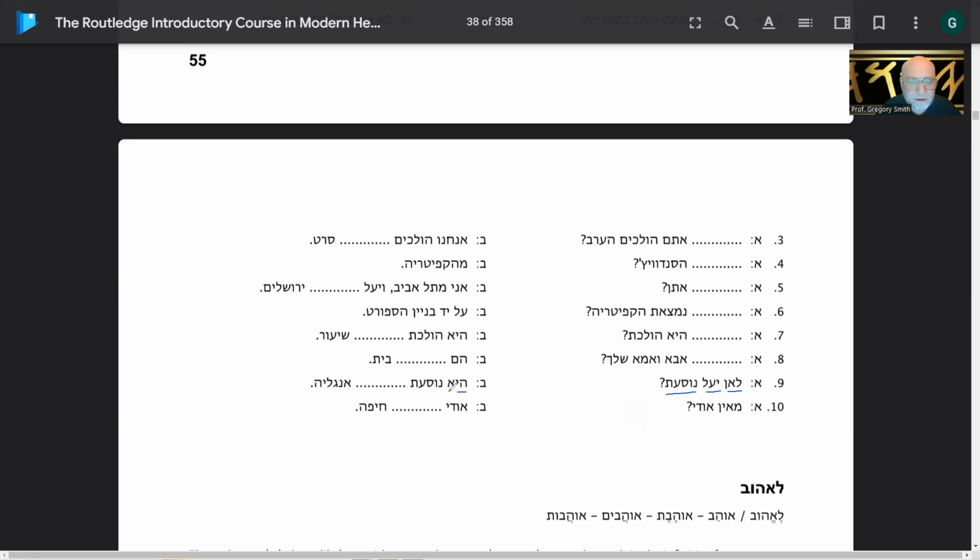Let's see, he no set et. It might be no seet. I think that's right. Let's take a look at that. Like an Yael no set. There we go. Gotta get this right.